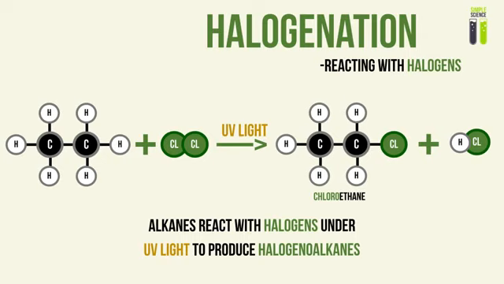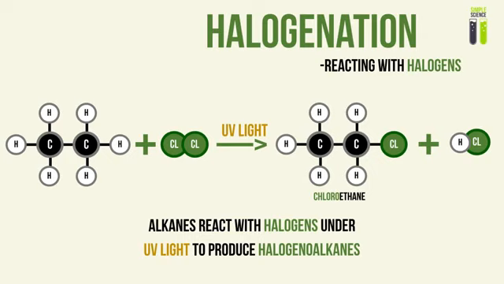So alkanes will react with halogens, or group 7 molecules, under UV light to produce halogenoalkanes. The halogens that generally react with alkanes are chlorine and bromine, the two most common in reactions.